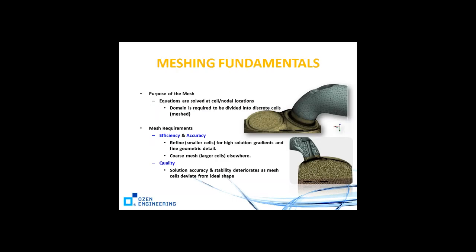As you know, the purpose of the mesh is that no matter what you're doing, FEA or CFT, the equations are solved. You're solving the equations basically at the cell nodal locations. It used to be there was a difference between CFT groups and FEA groups.